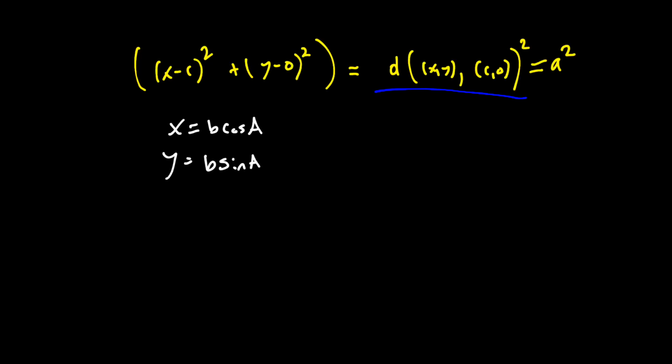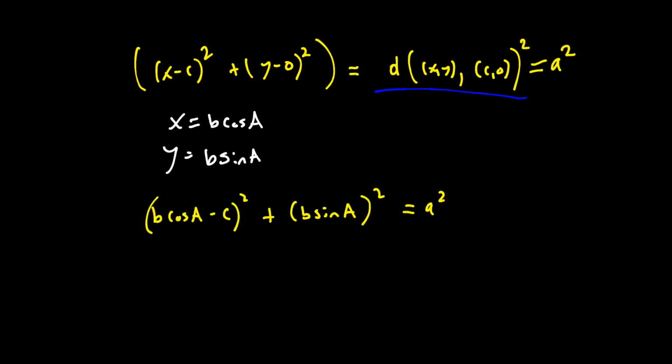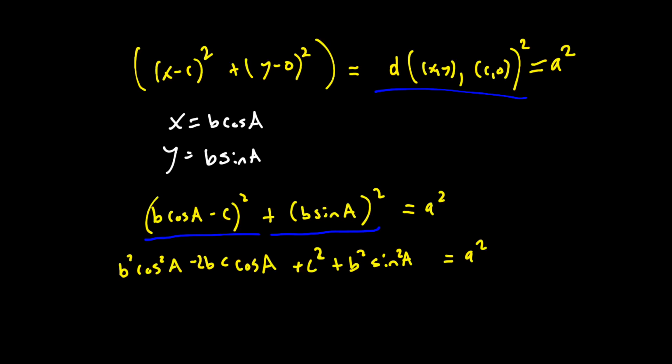Recall we have the following representation of our x's and y's, so let's go ahead and replace this, and our equation now becomes the following. Again, we need to continue simplifying the left-hand side, so foiling out our two terms here, we'll get the following. In this new expression, we can simplify it further by combining the term b squared cosine squared A with b squared sine squared A.